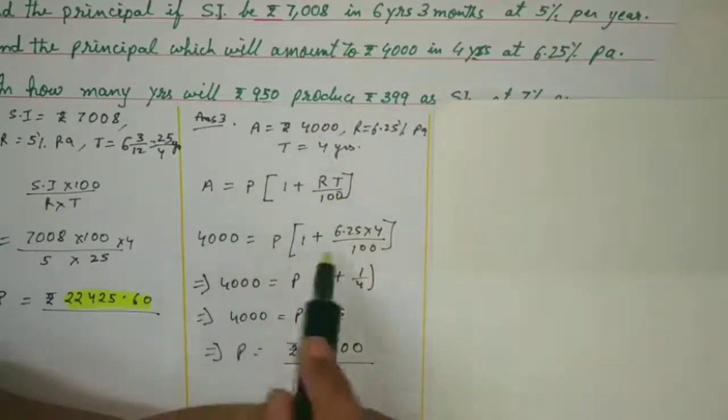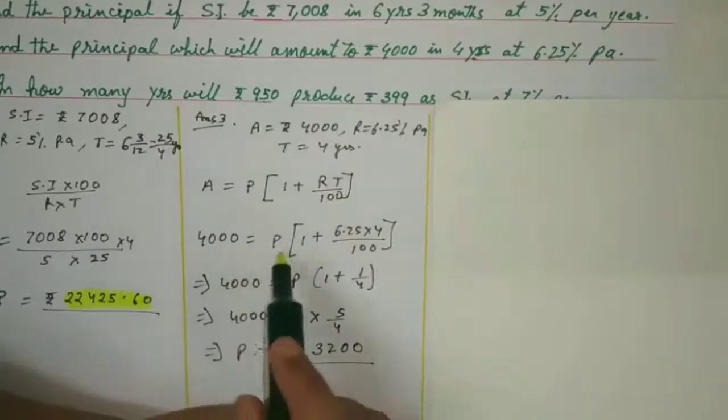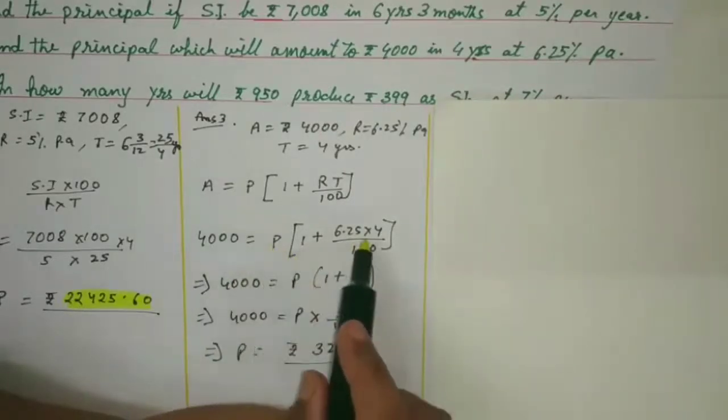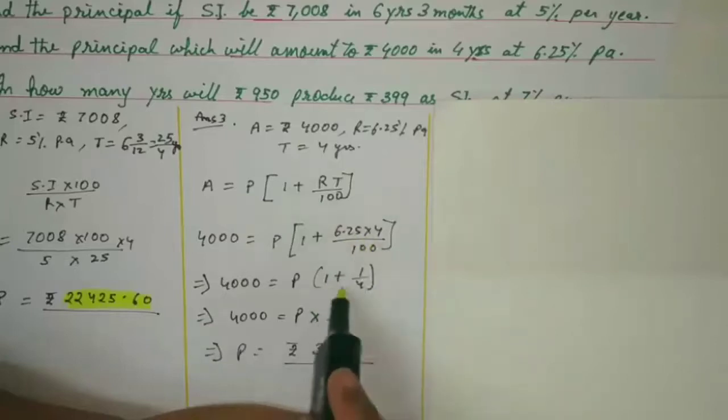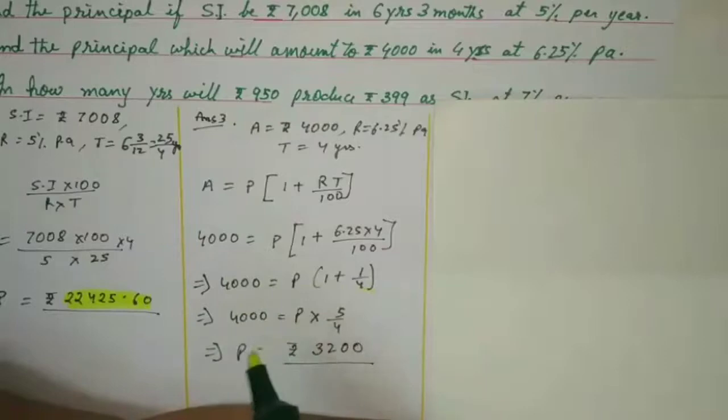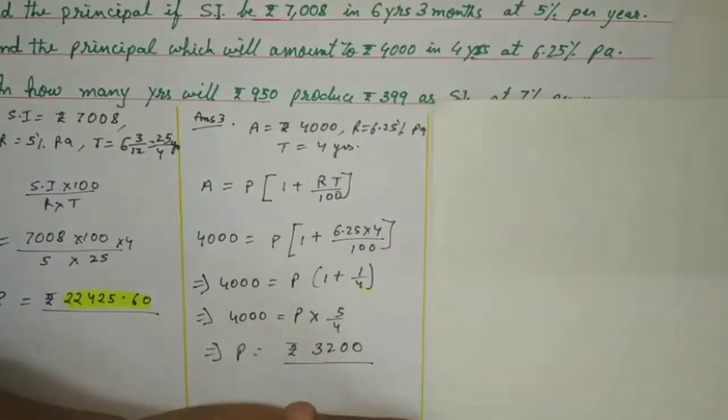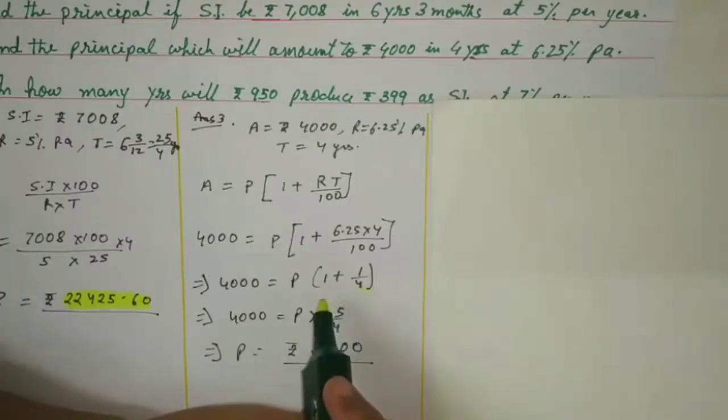Now we substitute 4,000, principal we have to find out, 1 plus rate and time we substitute, we get it as 1 by 5. This simplification, children, I expect an 8th standard student to solve it easily because you have done enough simplification, enough finding out the unknown in standard 6 and in standard 7. I have shown it, but I have shown it in steps.